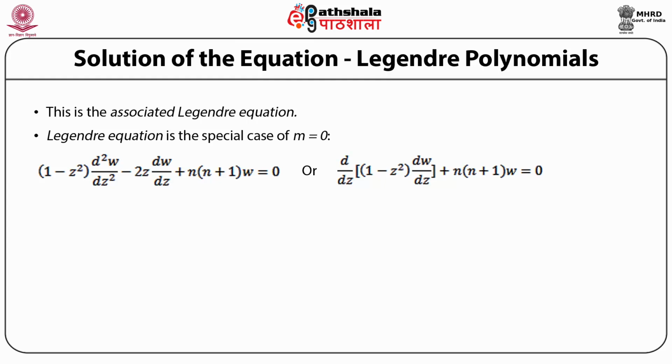we obtain the Legendre equation given by 1 minus z squared into d2W by dz squared minus 2z dW by dz plus n into n plus 1 into W is equal to 0, or equivalently d by dz of 1 minus z squared into dW by dz, plus n into n plus 1 into W is equal to 0.